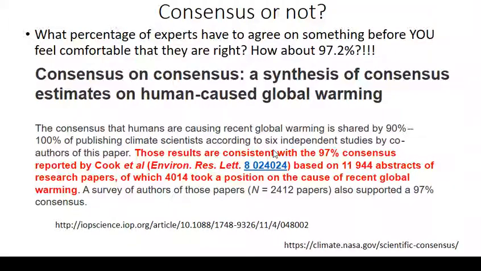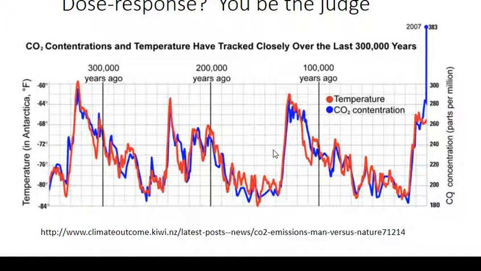So, wow. Now, dose response. The more you smoke, the higher your chance of getting lung cancer. How about in terms of global warming? Global warming, the big culprit is carbon dioxide. If you take a look at the historical record going back 400,000 years, take a look at the levels of CO2 and temperature.